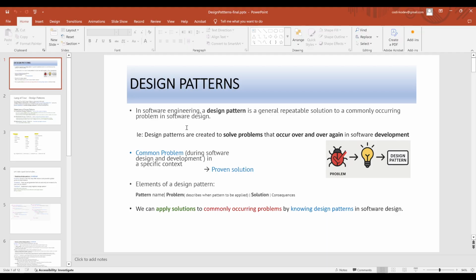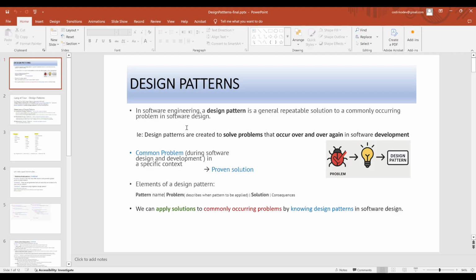We just need to be aware that when I'm going to design a particular software, there are a lot of commonly occurring problems. What happens if you don't know about these? You will think this is an isolated one, let me put a fix on a particular bug or issue one time, and the problem reoccurs.